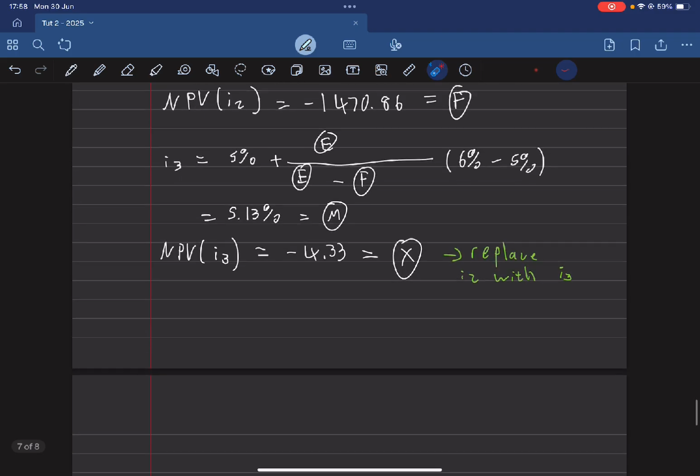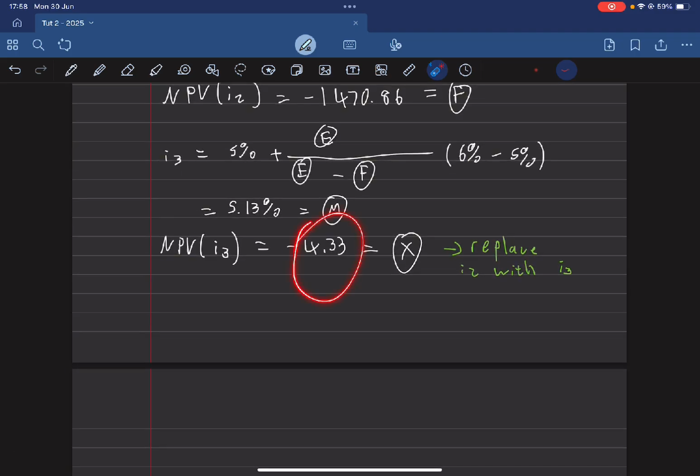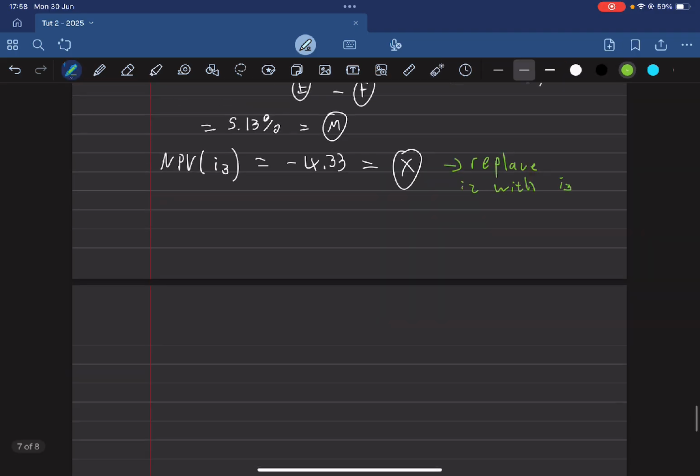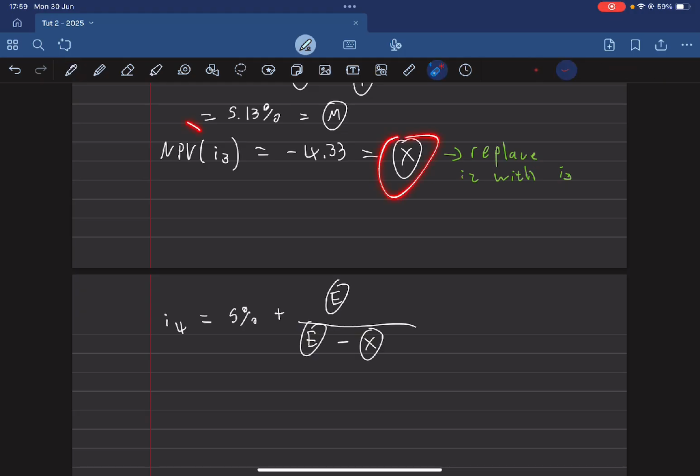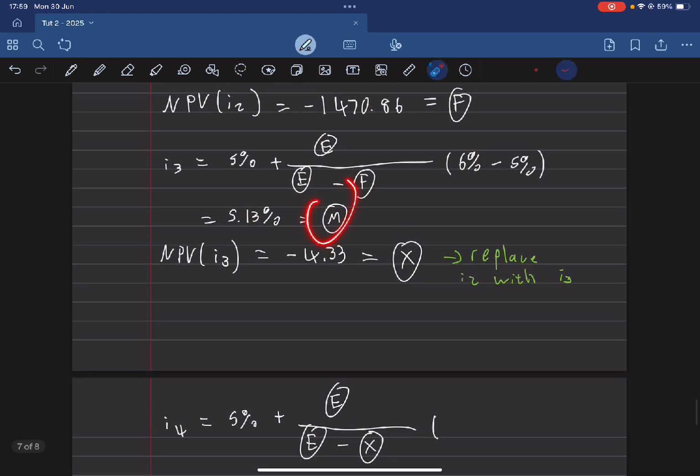Normally they want us to do 2 steps, so this was our first step of linear interpolation. Now we're going to do it one more time to get I4. I4 is going to be 5%, because it's I1, plus the net present value at I1, which is E, over E minus X, because remember X was our net present value at I3, all multiplied by I3, which was M, minus your 5%.